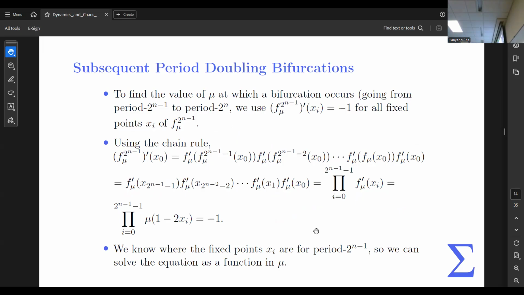Then we can chain rule this, expand it out, and if we have all the previous fixed points for the lower period, then we can solve the equation.